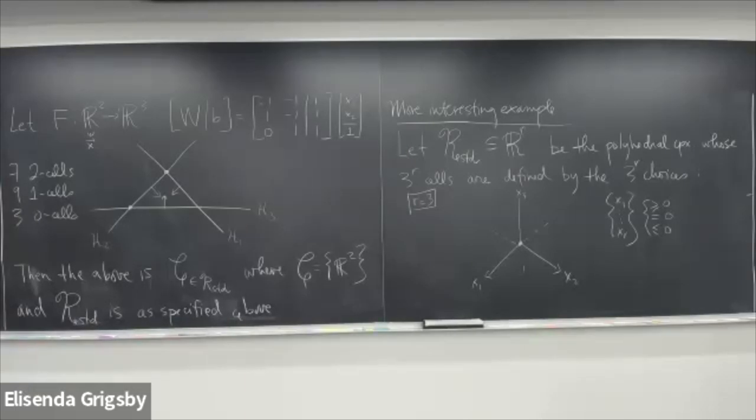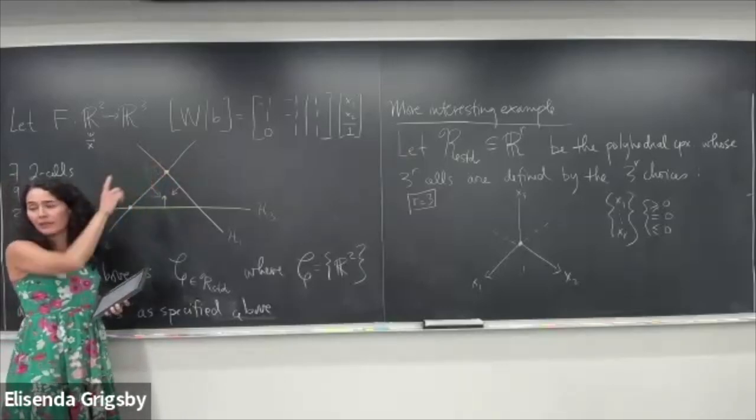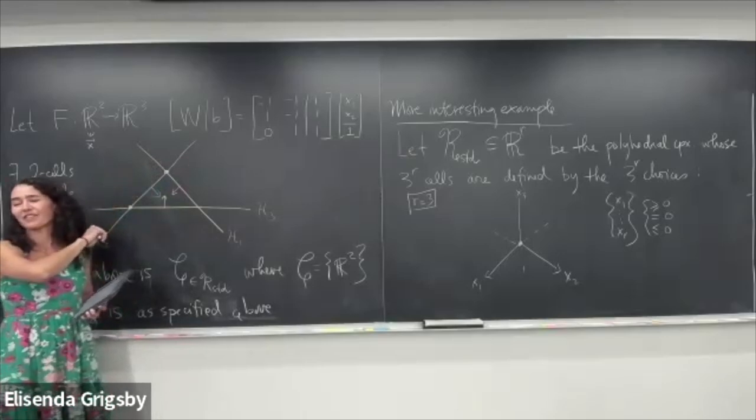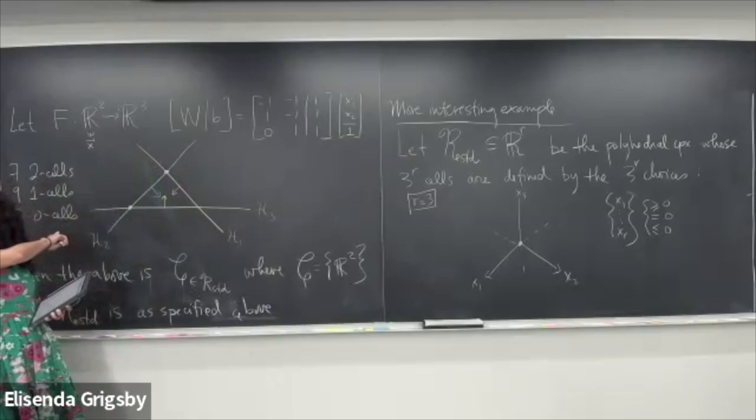If you now start writing down those ternary labelings, what you'll notice is that the pre-image of a codimension 1 cell is codimension 1 here.